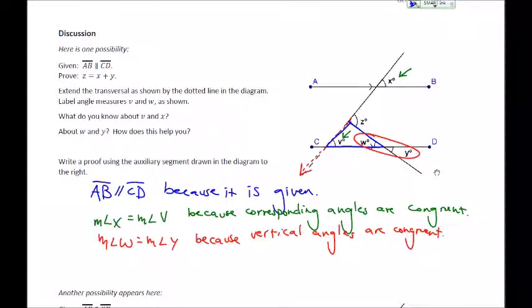Next, we'll look at how angles Z, V, and W are related. Previously in this video, we proved that when there's an exterior angle to a triangle, that angle is equal to the two remote interior angles. So what that means is the measure of angle Z is equal to the measure of angle V plus the measure of angle W.